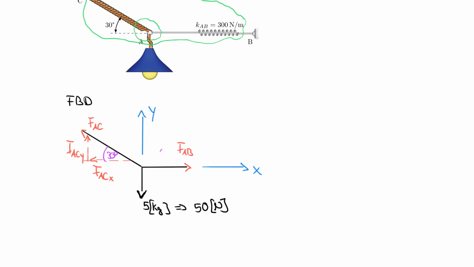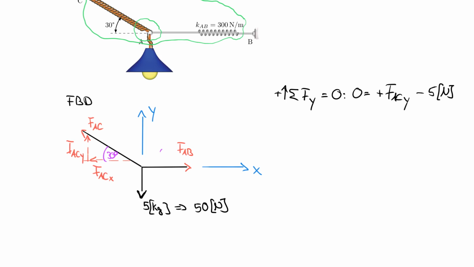So for your educational experience, of course, I'm going to say that you would write sum of the forces in the y direction is equal to 0, upwards positive, and then you would state that 0 is equal to plus FACY minus 50 Newton.